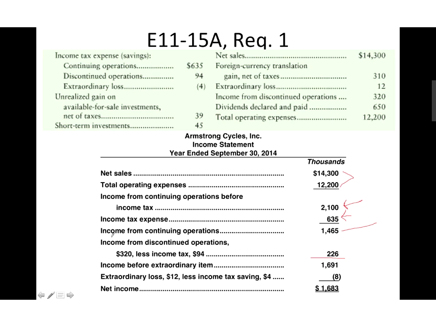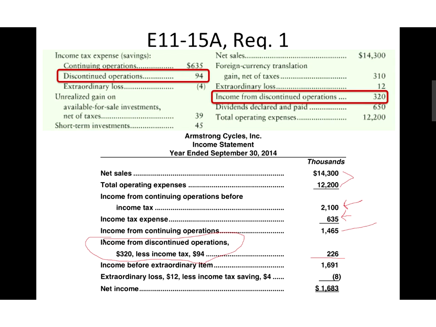Now, the next line, income from discontinued operations. This is coming from two different pieces on the income statement, and that's where we're going to focus now. Below income from continuing operations, we're going to list discontinued operations and extraordinary items. So to get that number, we see we have income from discontinued operations of $320 given to us.